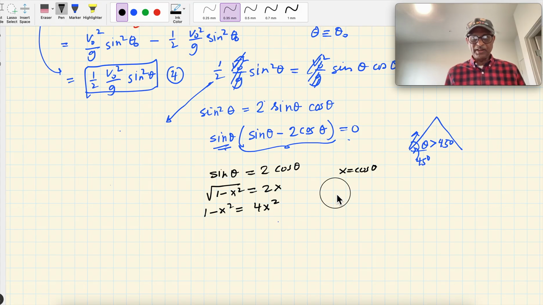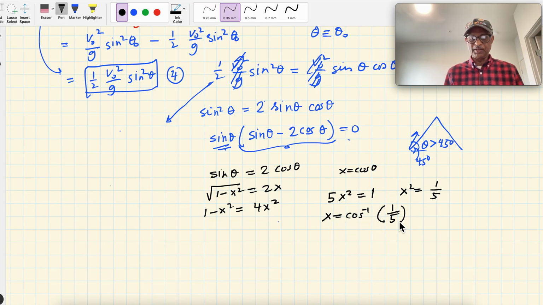So I get 5x squared equals 1, then x squared equals 1 over 5, and x equals plus or minus 1 over square root of 5.